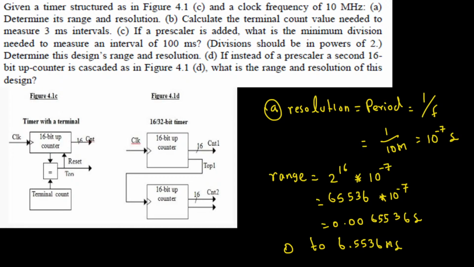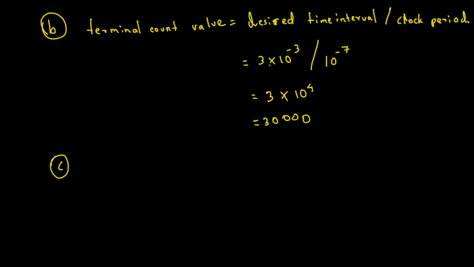Okay, and also determine the design's range and resolution as well. So here, this is a 16-bit counter. So if you're adding a prescaler, that should be 16. That should be dividing by 16 as well.